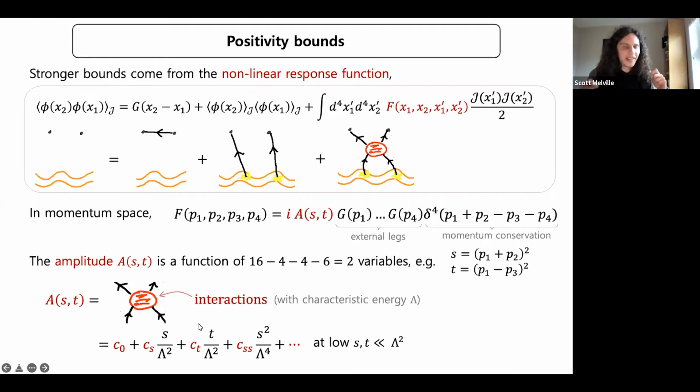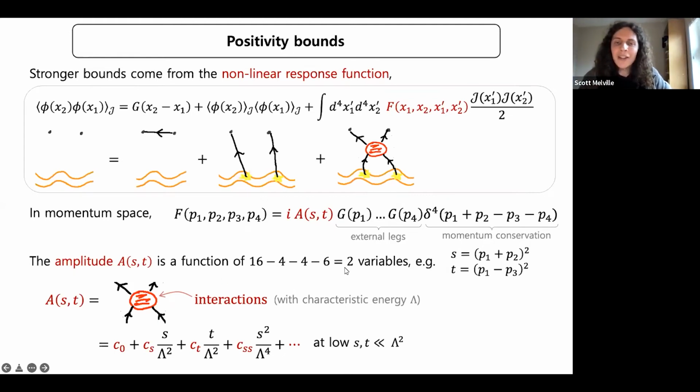Now, because this is a relativistic theory, what energy should we use? Well, the energies that we often use are these Mandelstam variables S and T, which are some Lorentz invariant products of P1, P2, and P3.